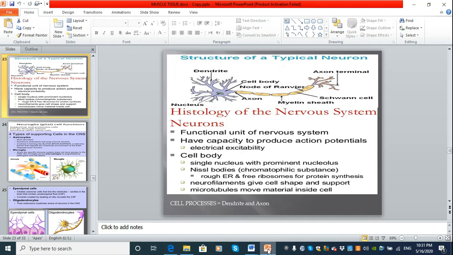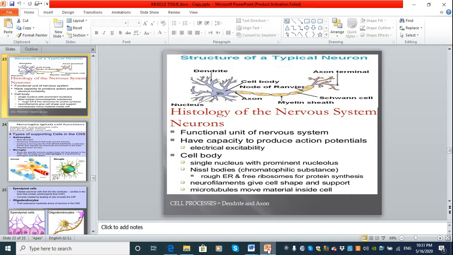The structure of a typical neuron starts with the cell body and the axon. The cell body has a single nucleus, rough endoplasmic reticulum, and ribosomes for protein synthesis.